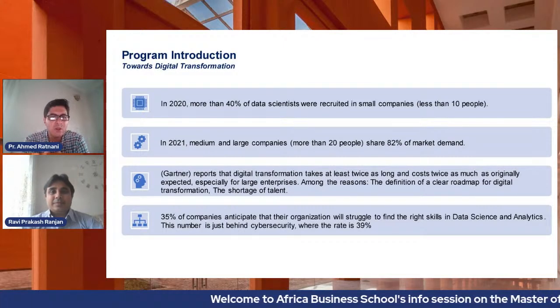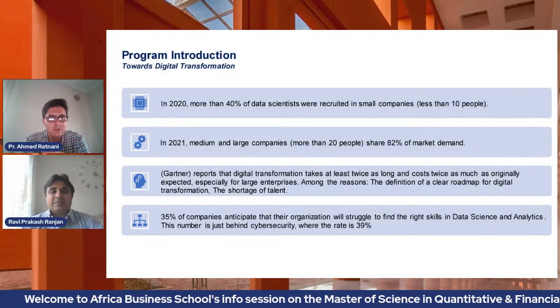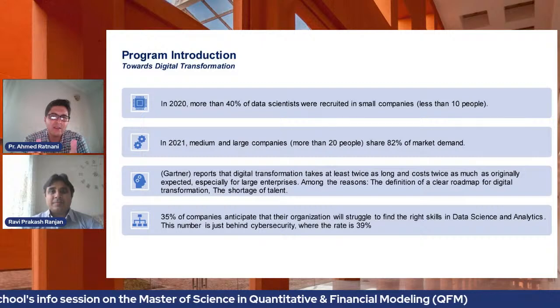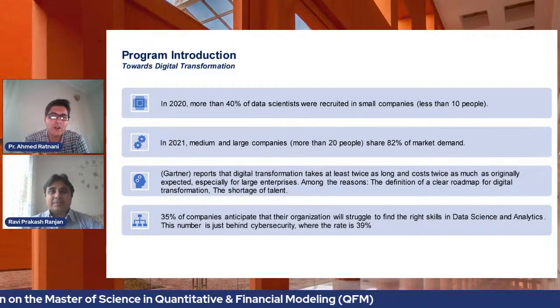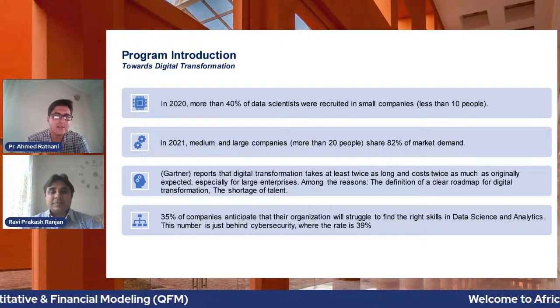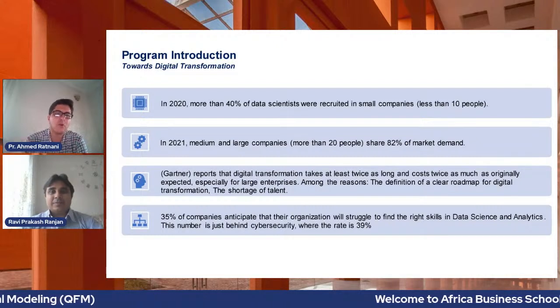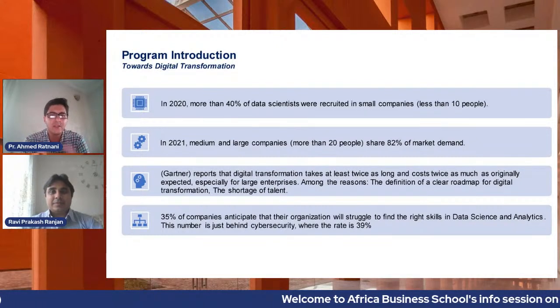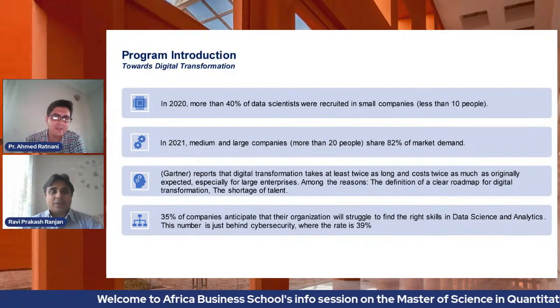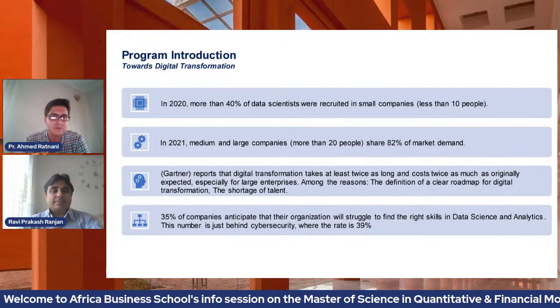But in 2021, medium and large companies represented more than 80% of the market demand. So this says that we are not only at the stage of doing prototypes using data science, but now we want to deploy the models that we created. We want to go through the second stage of digital transformation.